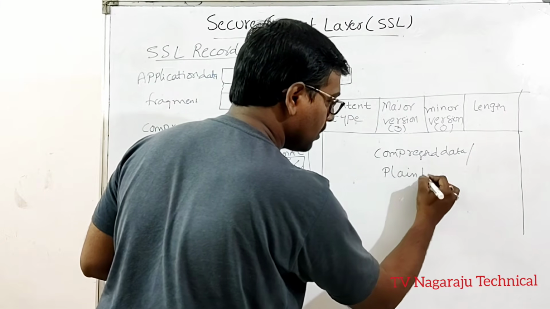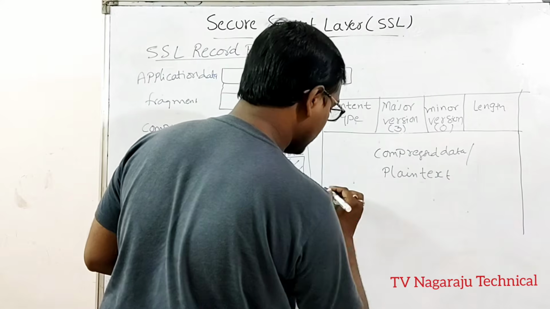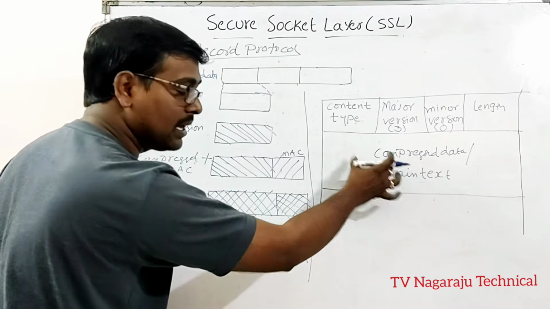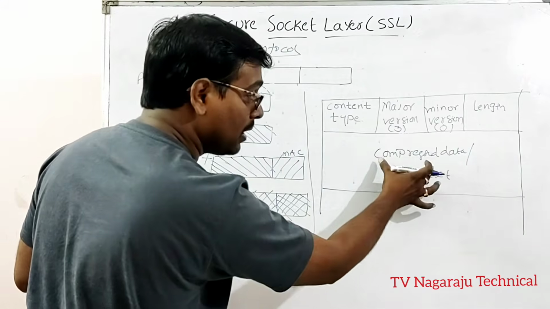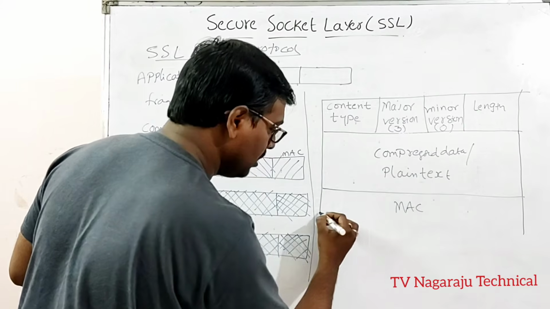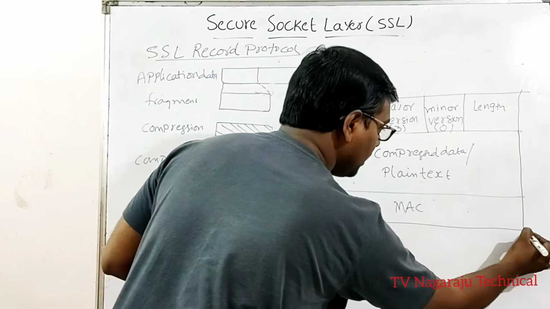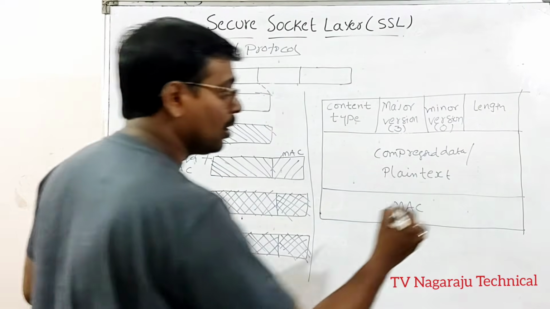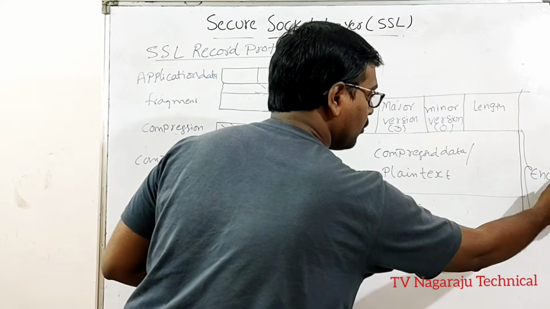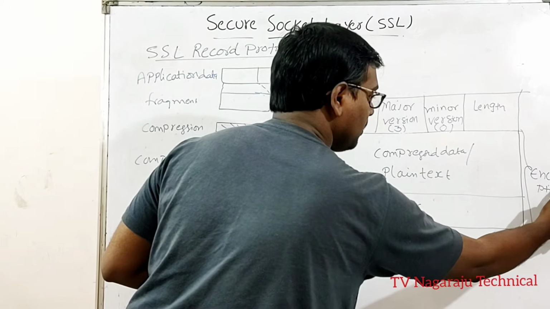So understand the diagram. The SSL header is attached after compression, and the MAC, the message authentication code, is attached too. Now these two are encrypted; we are performing some encryption.